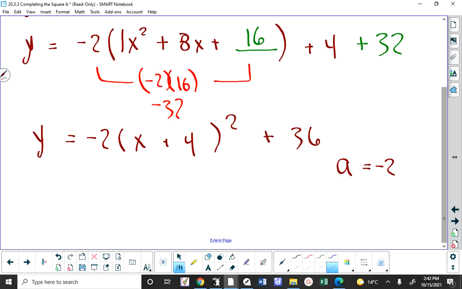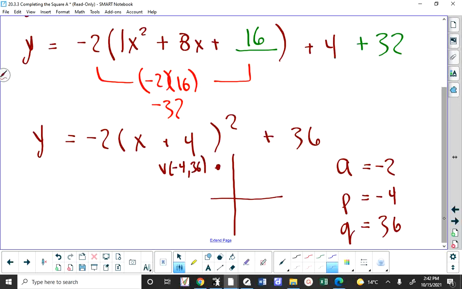Sure, because it's -2x². But you wouldn't be able to tell me that p is -4 and q is 36. So this would be a parabola with a vertex at -4, 36. It would open down and be kind of narrow because of the 2.